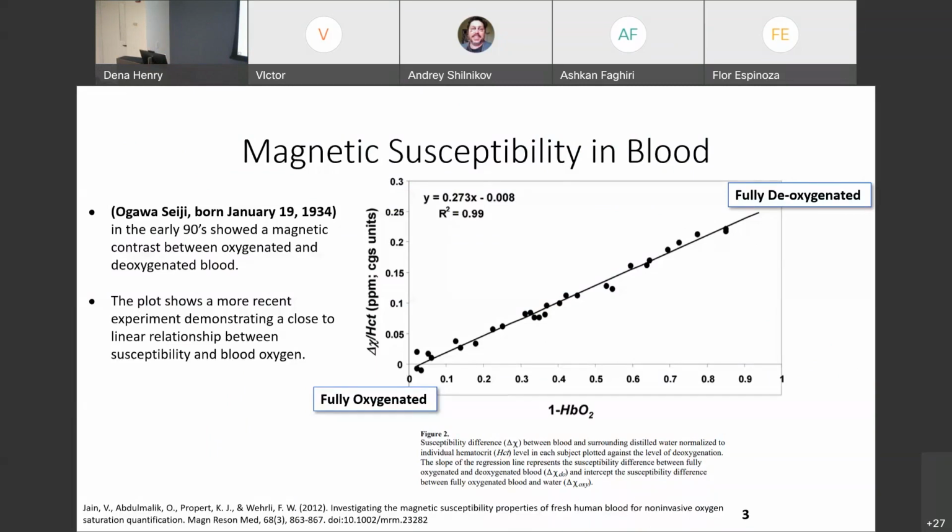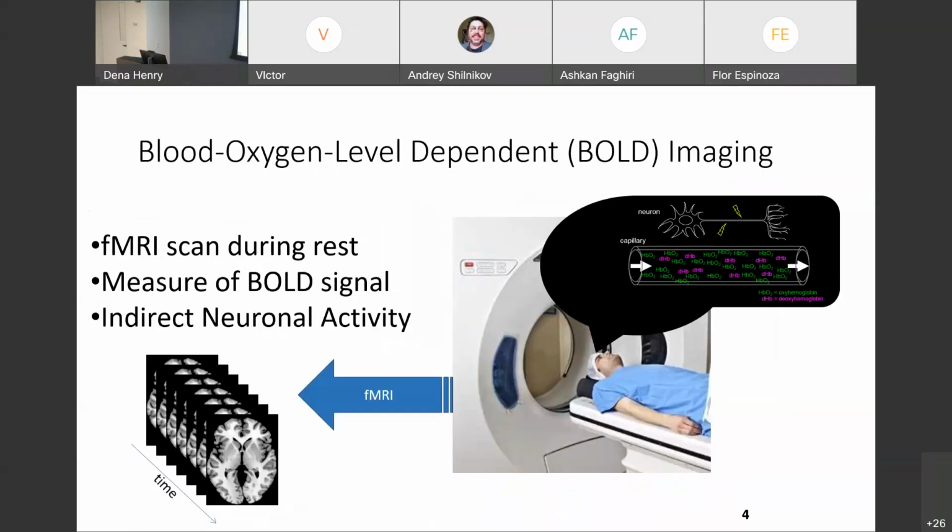A lot of experiments started on how to use this information to get signals from the brain. And what we came up with back then was to measure magnetic susceptibility as a proxy to estimate how much energy is spent in the neuron, actually in groups of neurons, from the capillarity in blood in the brain.